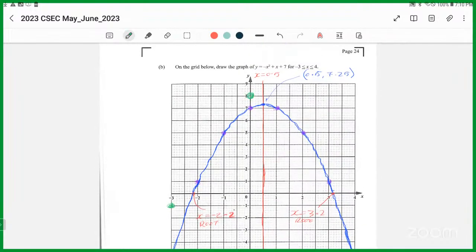Use the rule and draw a straight line through those 2. Very good. Use a rule and draw a straight line.